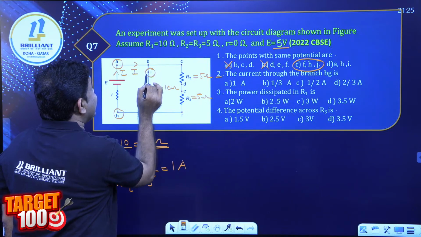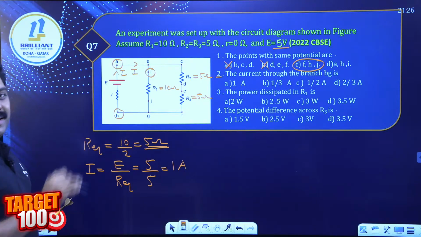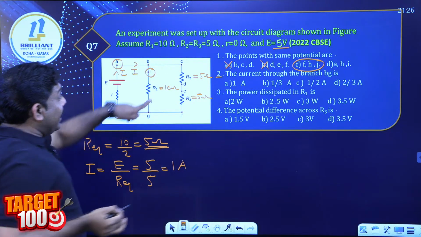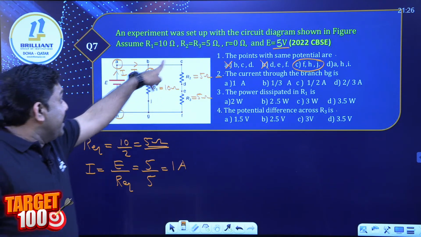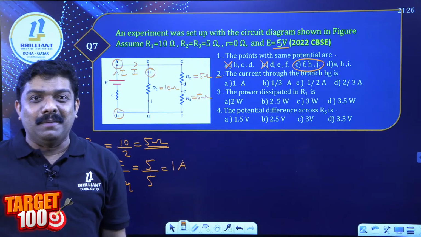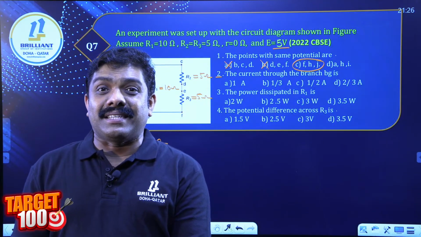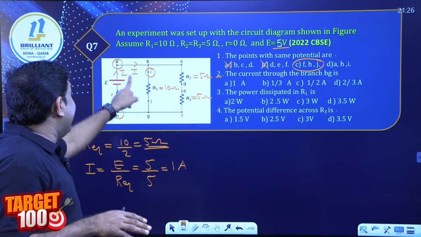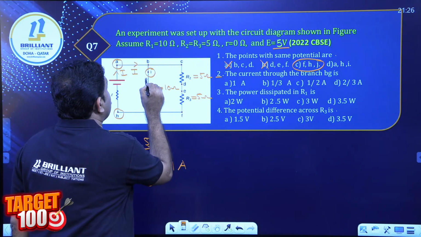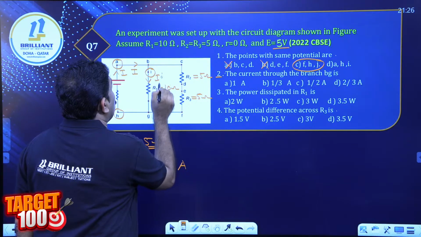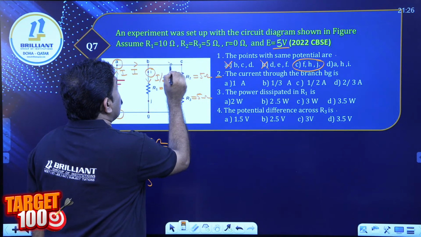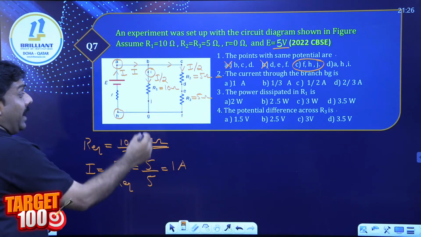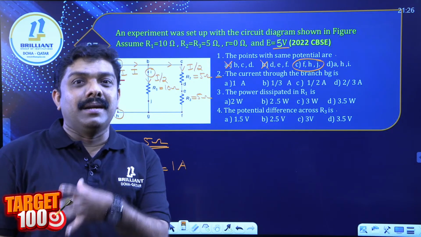When that current reaches here, it splits into two parts, because here there is a branch and here there is another branch. This branch has a resistance of 10 ohm, and this branch also has a resistance of 10 ohm. Since they have equal resistance, the splitting will be equal, so through this one it is I by 2, and through this also the current will be I by 2, because the branch BG and the branch CF have equal resistance.